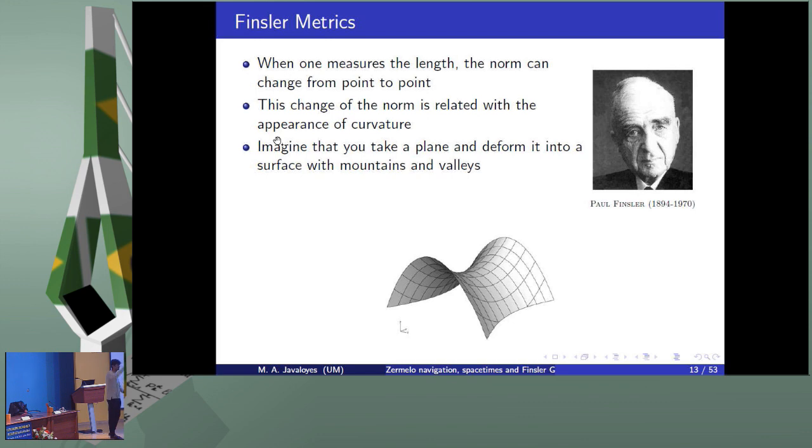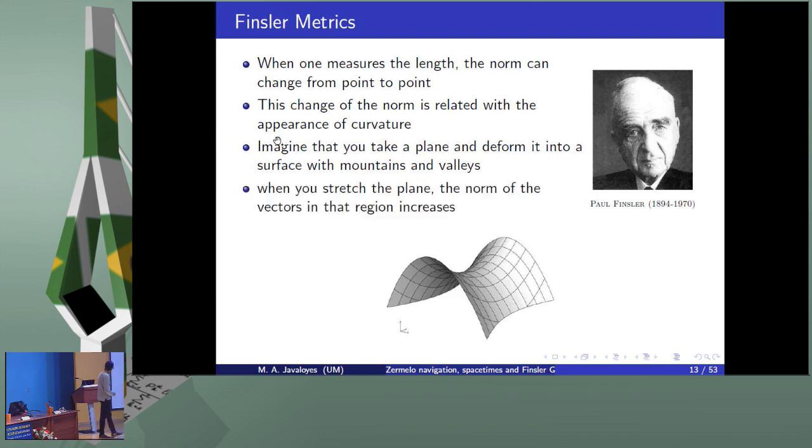If you deform this plane, then curvature will appear. But when you deform the plane, the length of tangent vectors is also deformed; it can increase or decrease. So you can think of curvature as the deformation and the change of the metric around the surface.